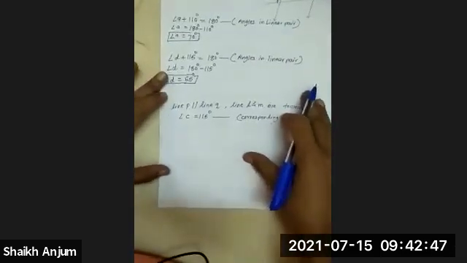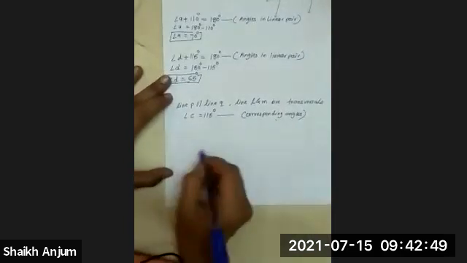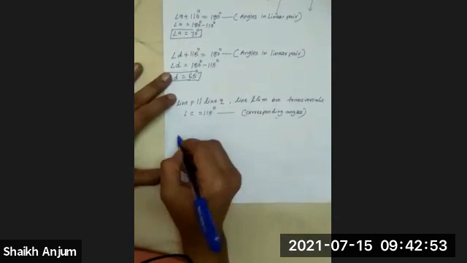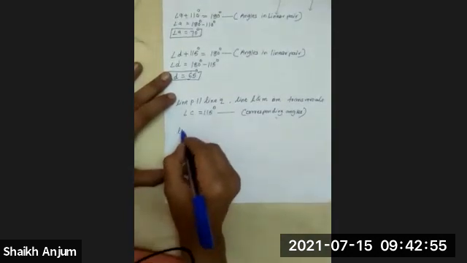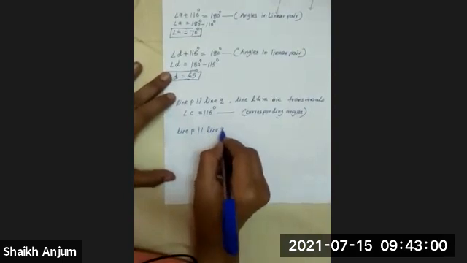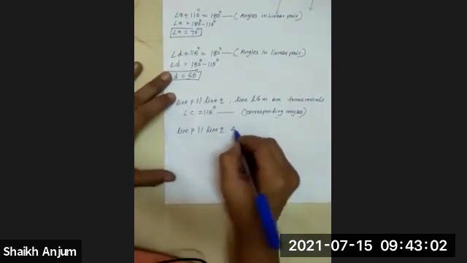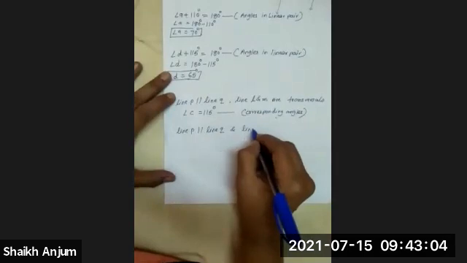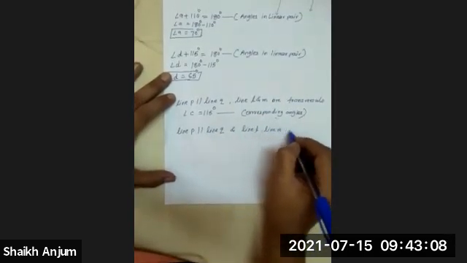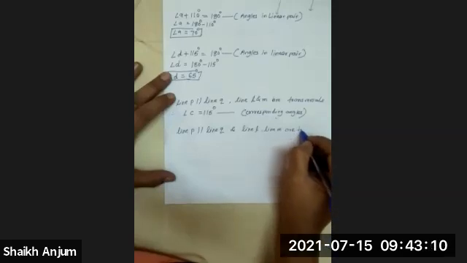Here we will use the corresponding angles property. For angle B, I will write the solution: line P is parallel to line Q, and line L and line M are transversals.